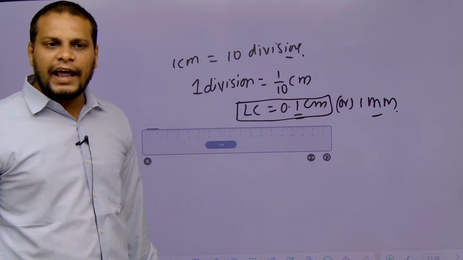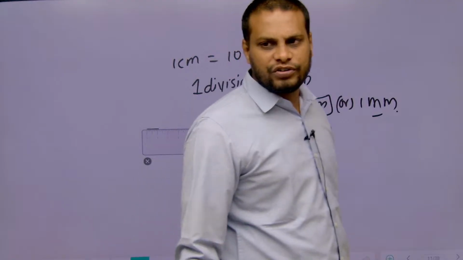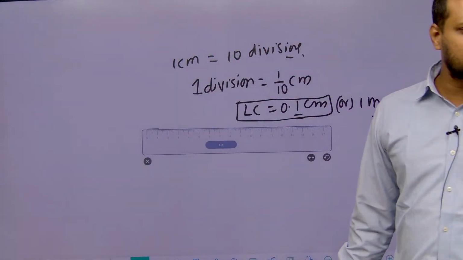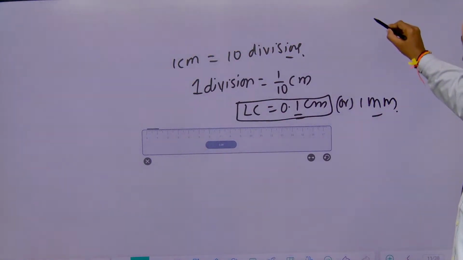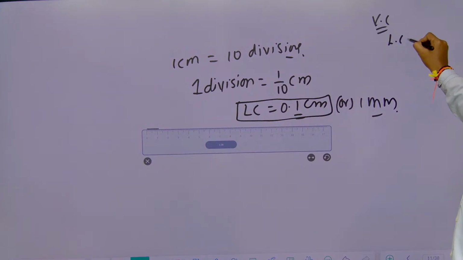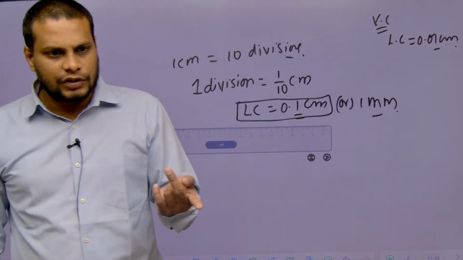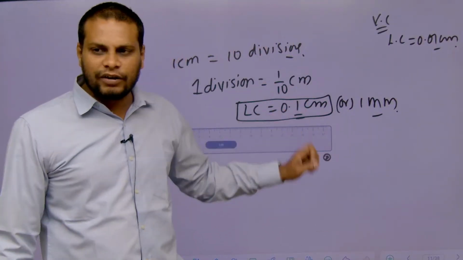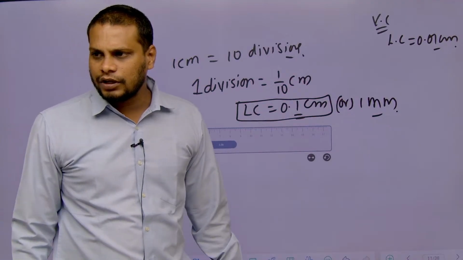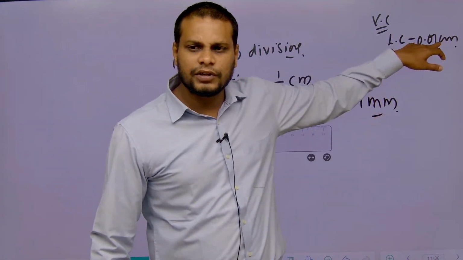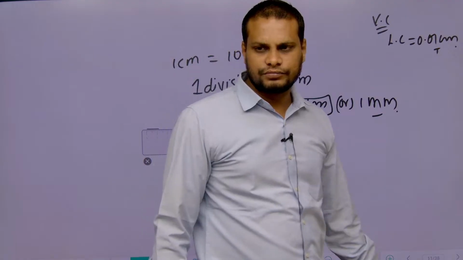In the lab, maybe you studied or used the vernier calipers. The least count of the vernier calipers is 0.01 centimeter. So here one decimal digit has increased. An ordinary scale has 0.1 centimeter as the least count, the vernier scale has 0.01.